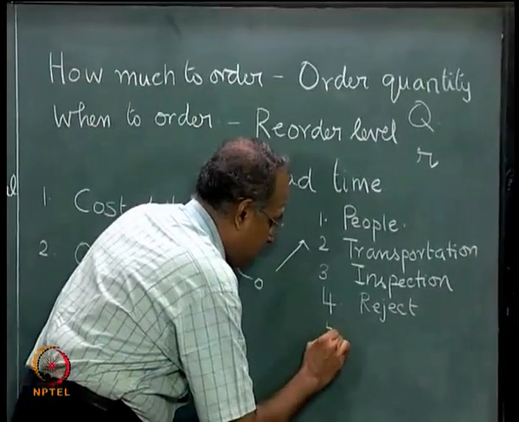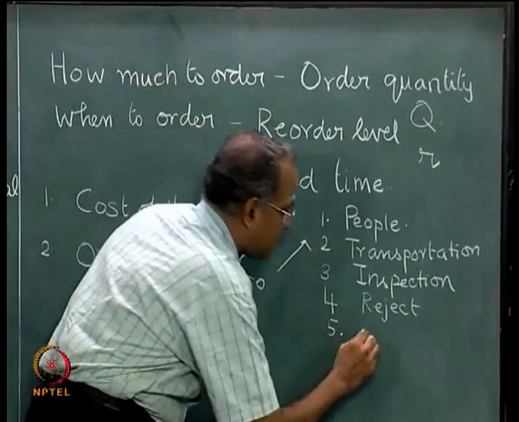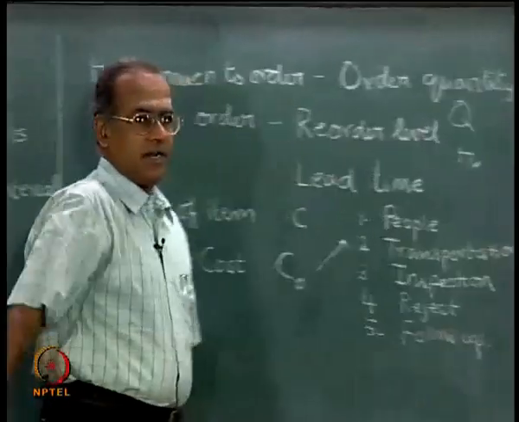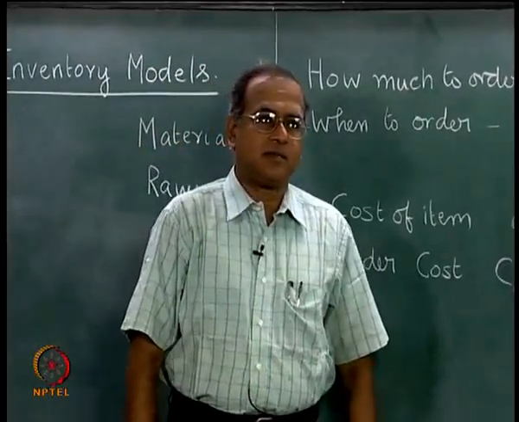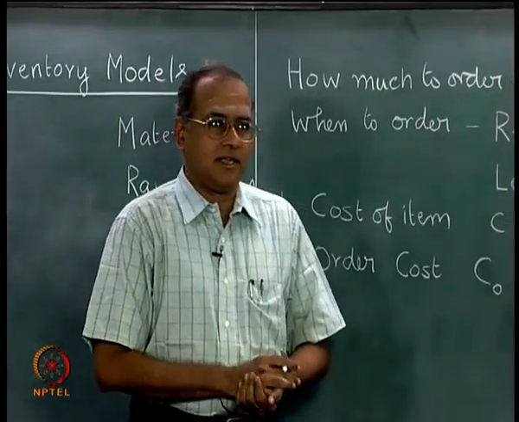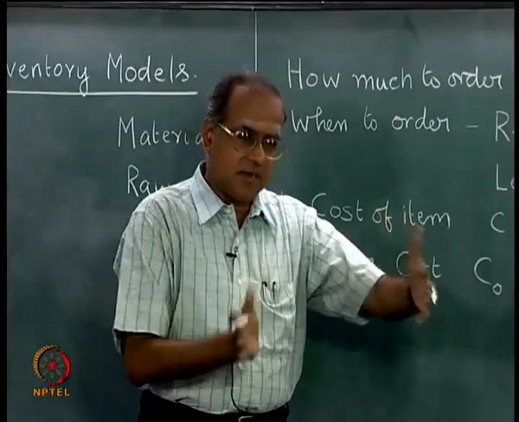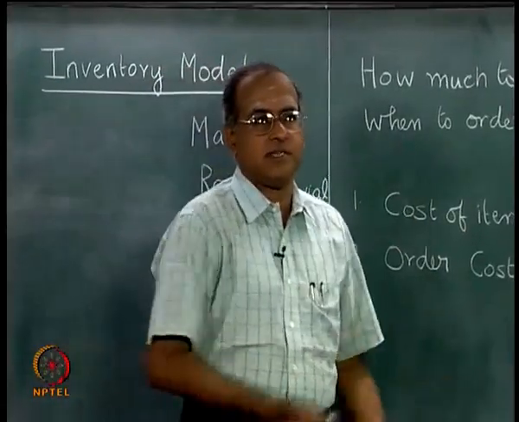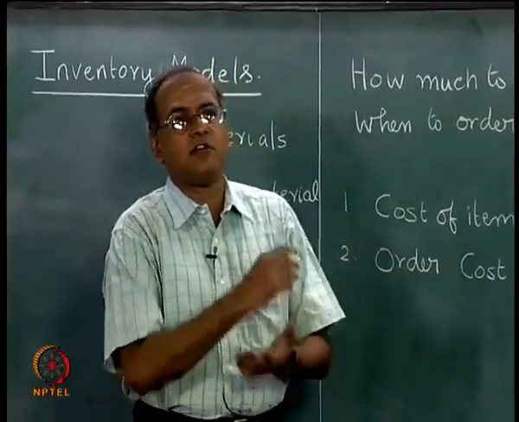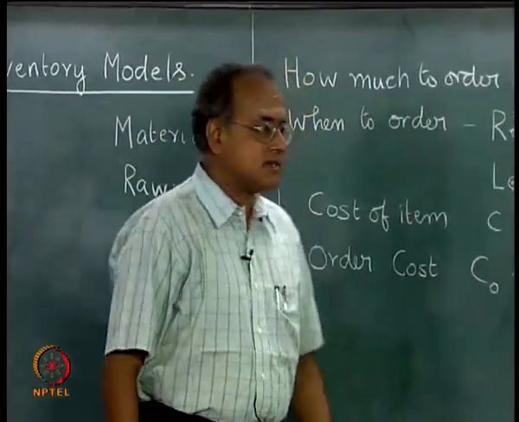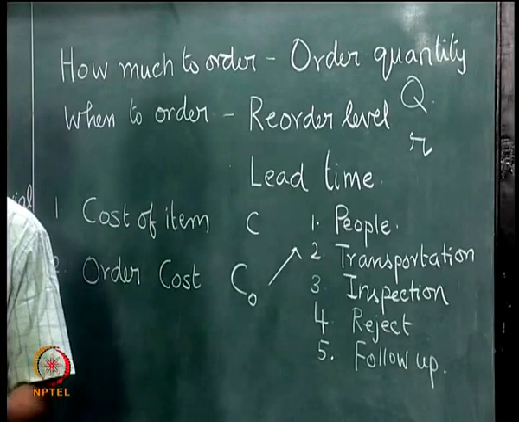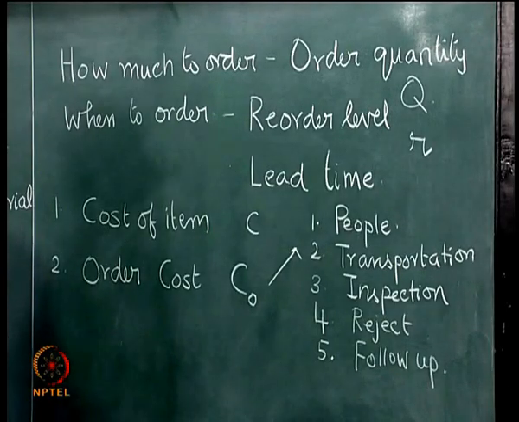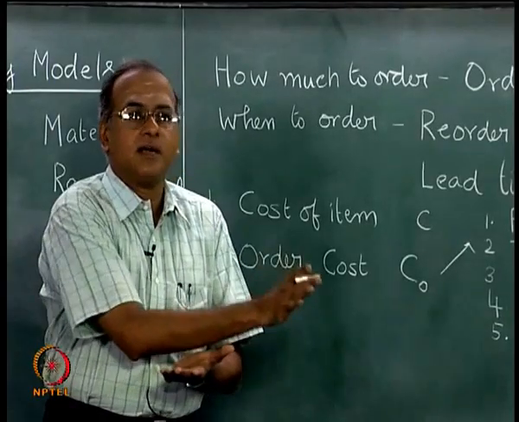Fifth one, and perhaps another important one, is called the cost of follow up. For example, an order is placed and sometimes there could be delays, and the lead time is estimated and known. Just about the time we are going to reach the lead time, which means the item has to come, there is a lot of follow up activity going on. Some of these follow up activities could even be senior people from this organization visiting the supplier and making sure that the critical items that are required come in time.